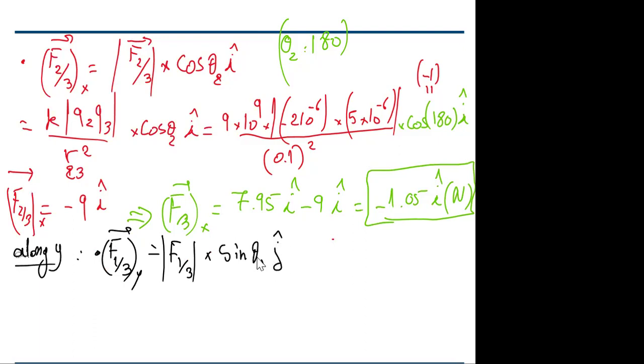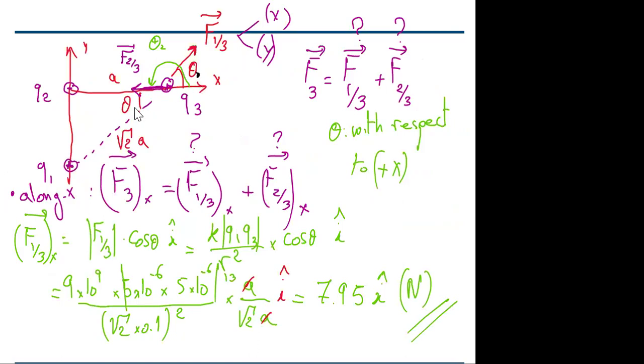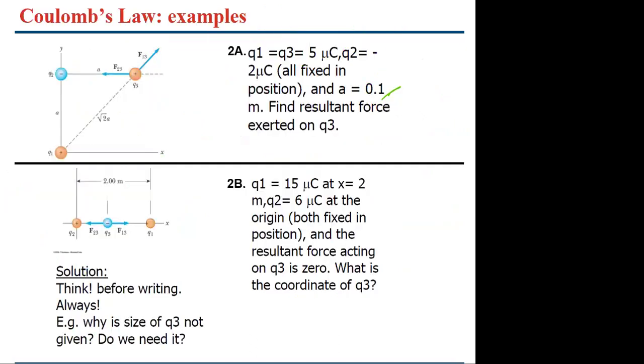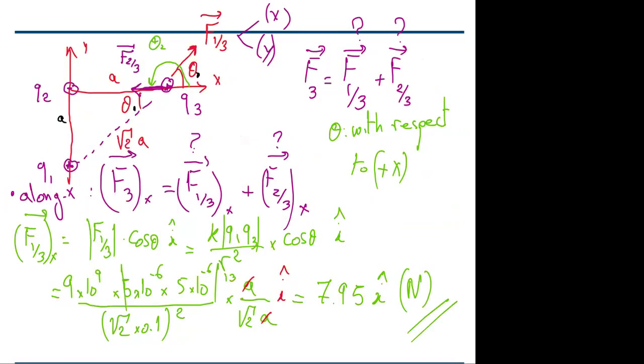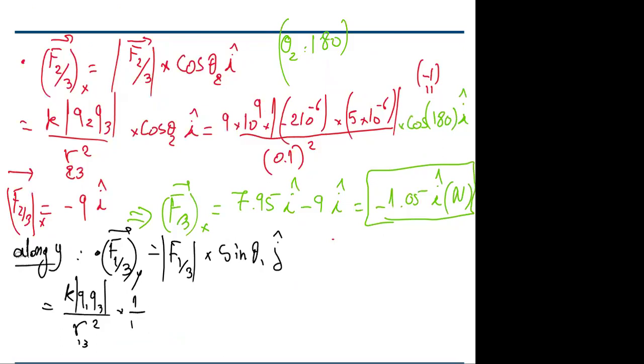The sine is opposite divided by hypotenuse, so it will be k q1 q3 absolute value divided by the distance r1 to 3 squared multiplied by sine theta. Theta 1 is this angle. Sine theta is the opposite, a, divided by square root of 2a, so that means 1 over square root of 2 j.